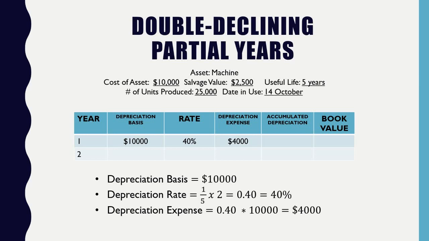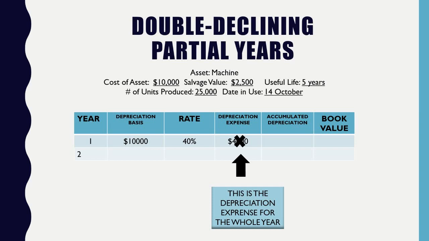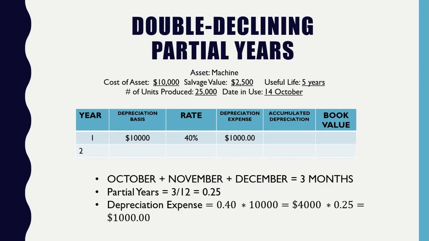So that means I need to adjust this $4,000 expense, because if I'm doing it at the end of the year, assuming December 31st, I only used my asset for 3 months. So I need to change this number. If I only used it for 3 months out of one whole year, that's 3 out of 12 months, which is also known as 25%, or 1/4.